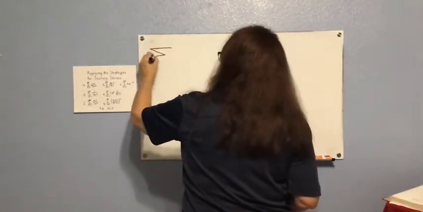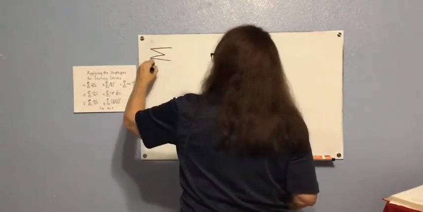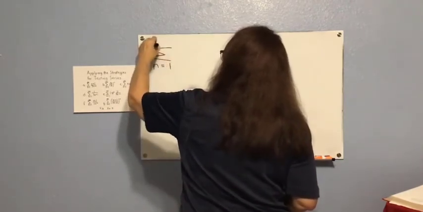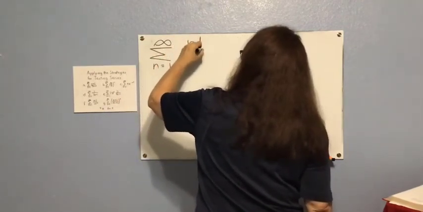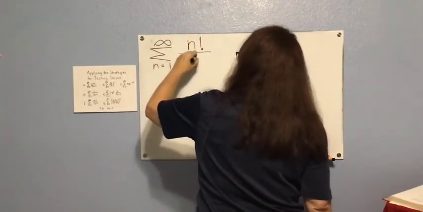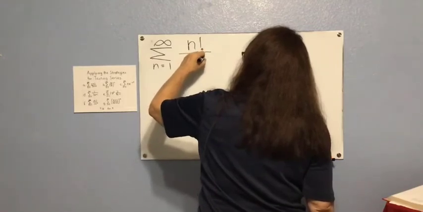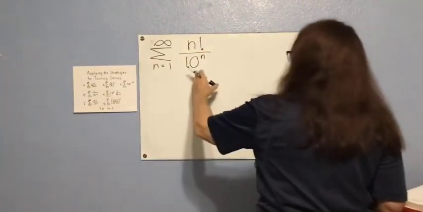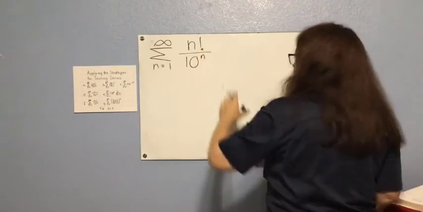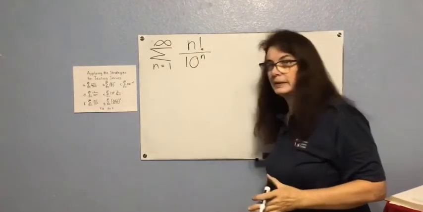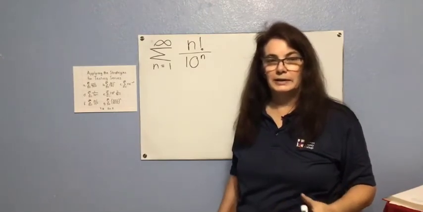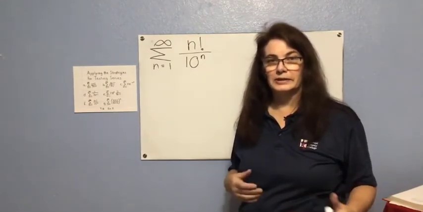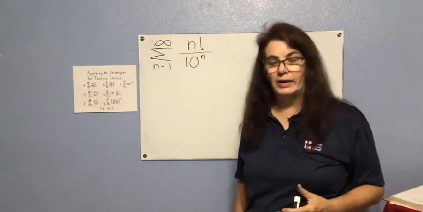Okay, for our next series, since I've got a factorial in here, the ratio test might be a good choice because when I take ratios with factorials, they tend to kind of all fall out.